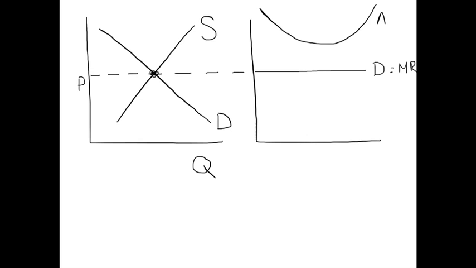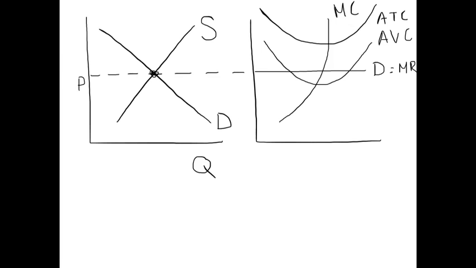So this is average total cost. And then the AVC doesn't really matter too much where you put it as long as it's just below the ATC. And then you draw the marginal cost through the minimum of the ATC and the AVC. Okay?